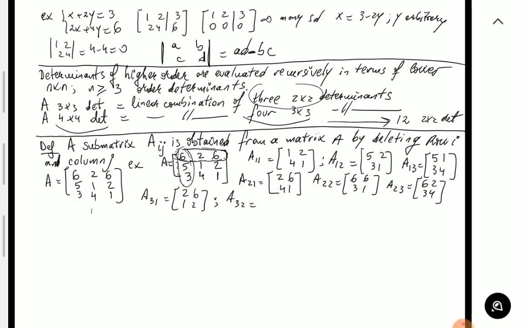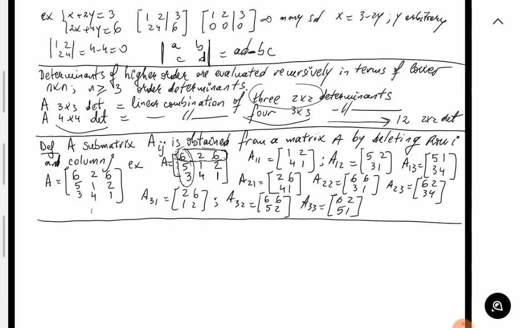A32, row 3, column 2, I'm left with 6, 6, 5, 2. And finally, row 3, column 3, that leaves the submatrix 6, 2, 5, 1. Okay, we're not going to have to write that many submatrices, don't worry about it, but this is just to make it clear as a first example. So that's what constitutes a submatrix.